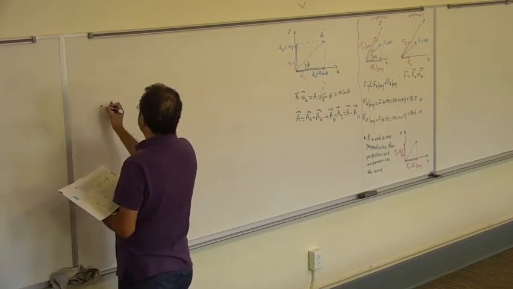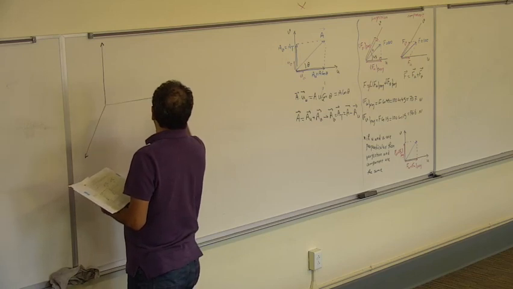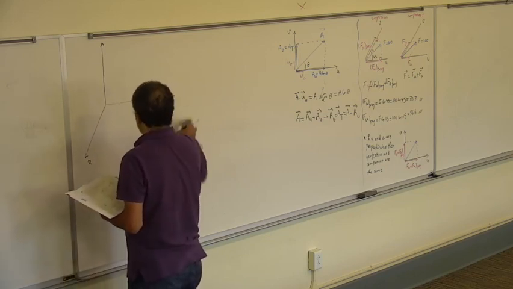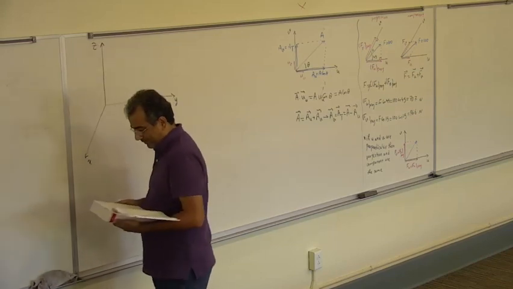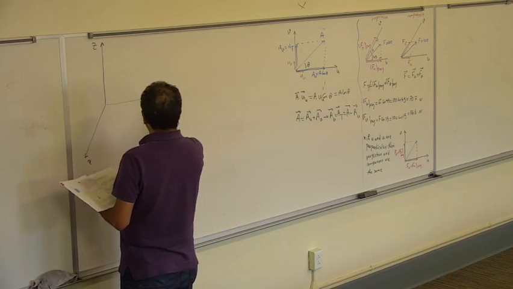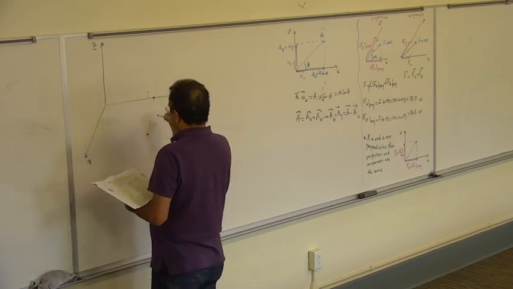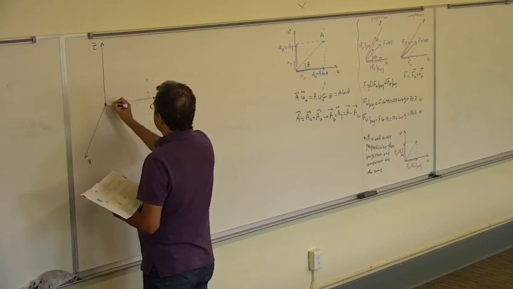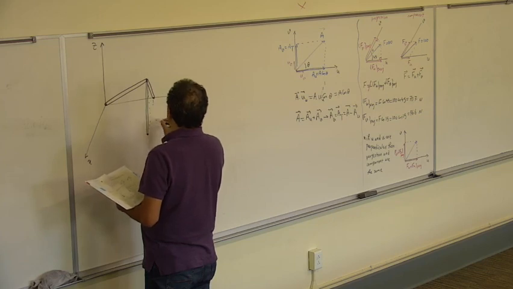So we have our x, y, z axes, x, y, z there. And then we have this.